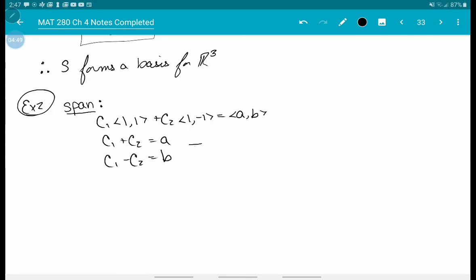Now, to have a unique solution to the system, we have to have a matrix that's invertible here. We're thinking about this as Ax equals b now, so A must be invertible. One way to check that is to check the determinant.